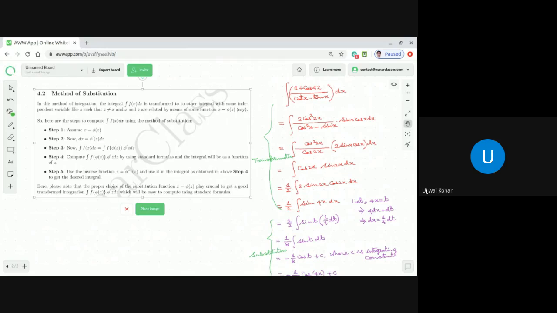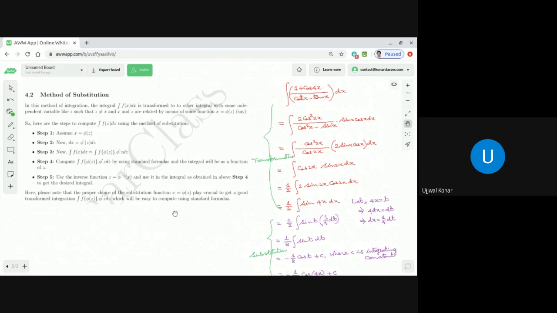In step 2 of the theory there is a differentiation, and on the right hand side you see 4 dx equal to dt. In step 3 we perform the integration, which we do in the example in the violet color. Then steps 4 and 5 we do very easily.